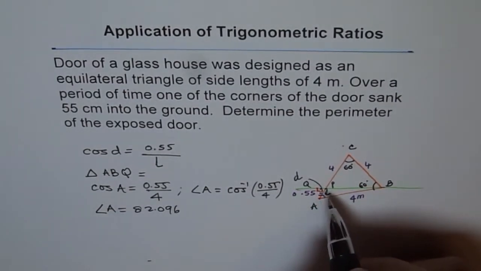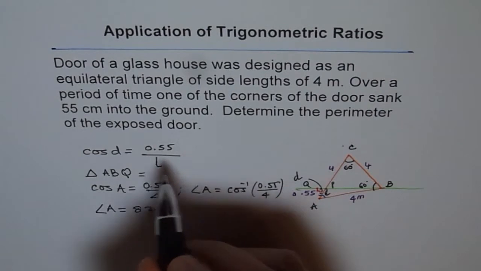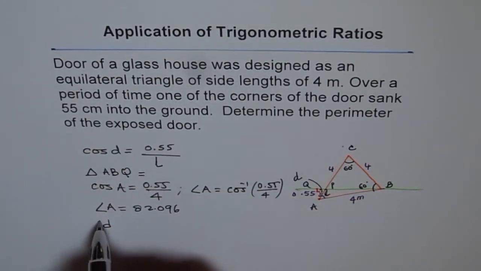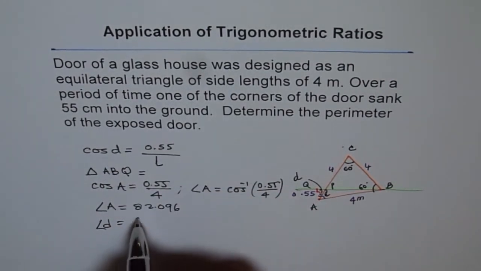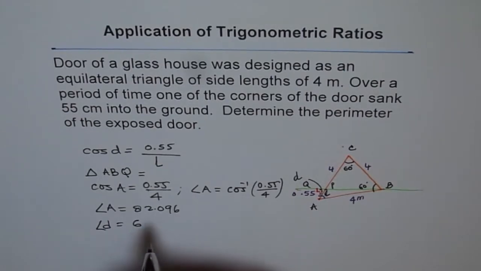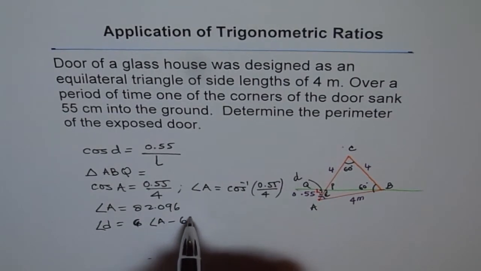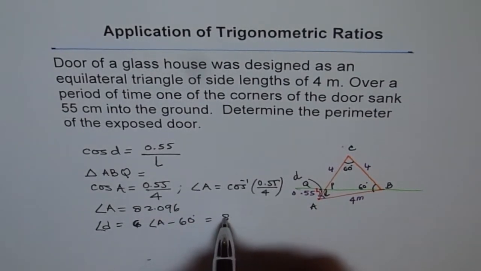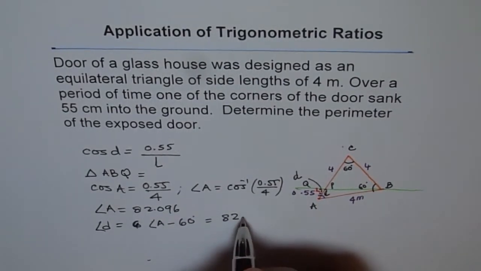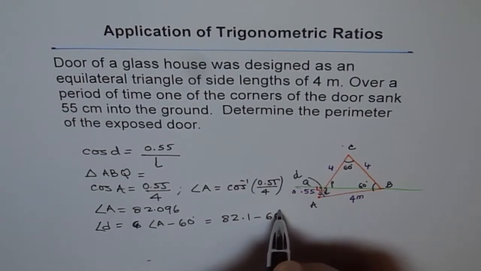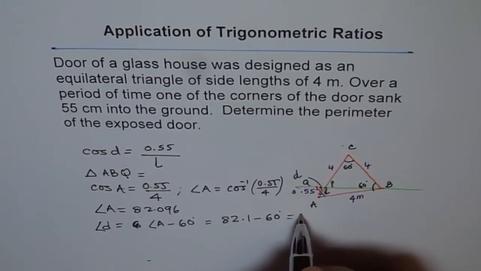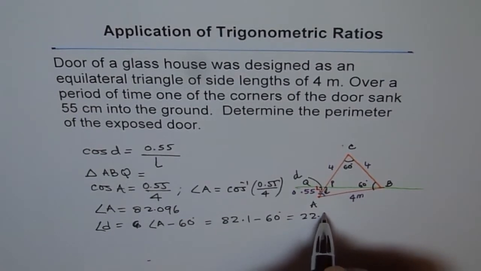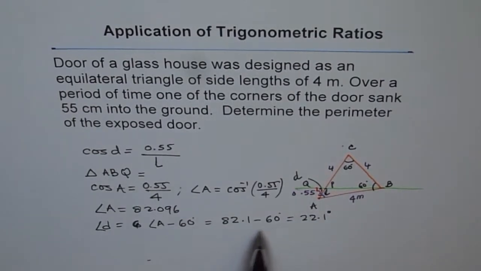That means our small angle D is equal to angle A minus 60 degrees, which is 82.1 minus 60 degrees. That gives me 22.1 degrees. Now we know angle D.